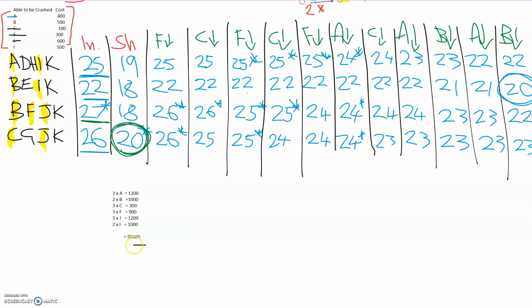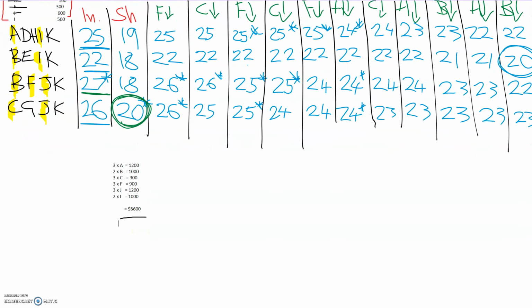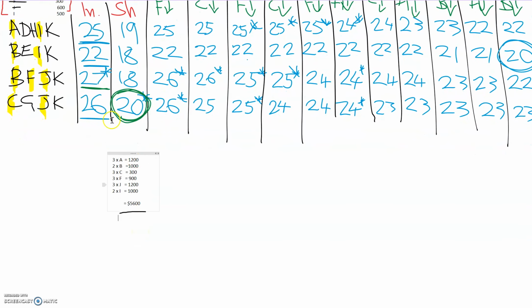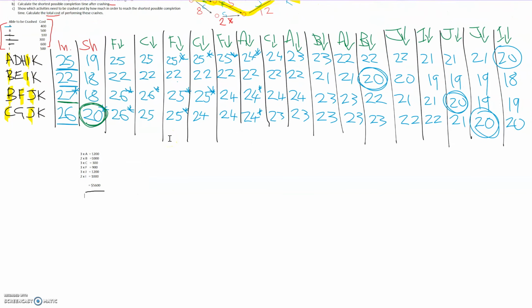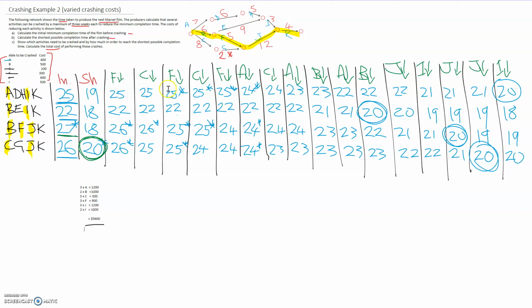And that totals up to $5,600 to reach that minimum completion time of 20 weeks. So it's a similar strategy, but you're choosing the activity that's the cheapest each time rather than just working left to right.